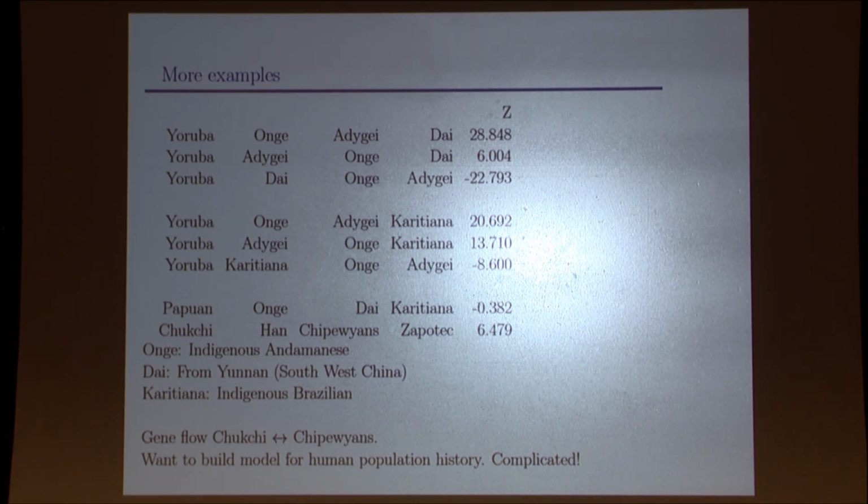So that means almost certainly the answer is there's gene flow between Adyghe and Dai, right? But what you can't tell with this statistic is which direction that flow went, or whether it's in both directions. There's just something making Adyghe and Dai closer together than they would be under a simple tree model. That's what you learn.